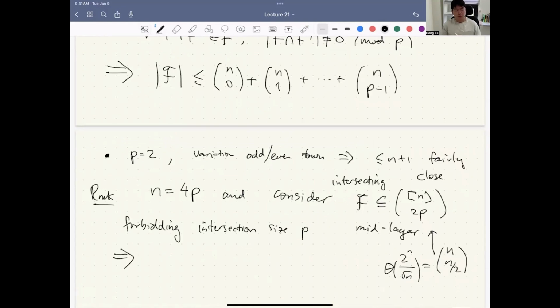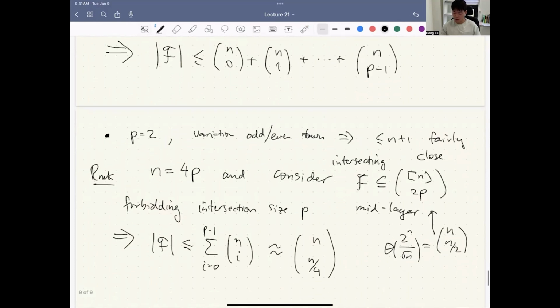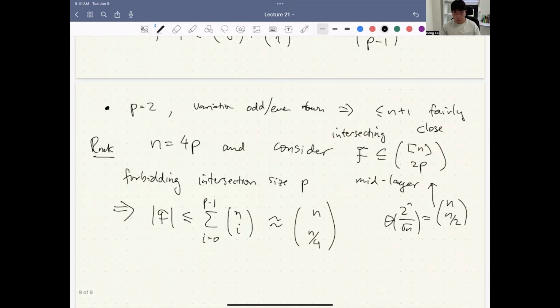By this, we get the size is at most the sum over i from 0 to P minus 1 of n choose i. This is roughly n choose n over 4, as P is roughly n over 4. That's exponentially smaller.